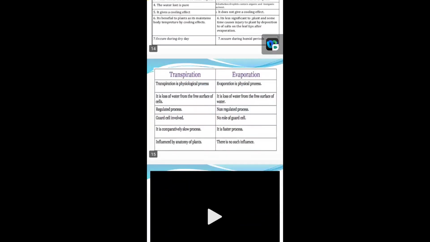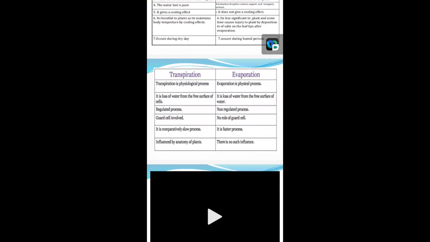Then try to know the difference between transpiration and evaporation. Transpiration is a physiological process, whereas evaporation is a physical process.